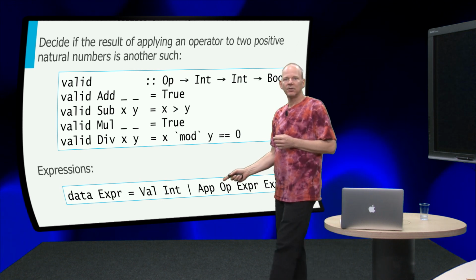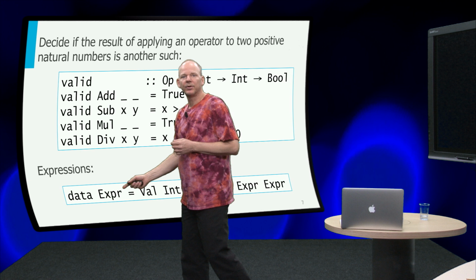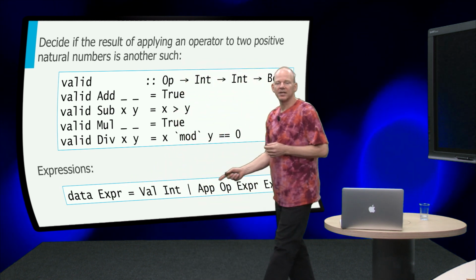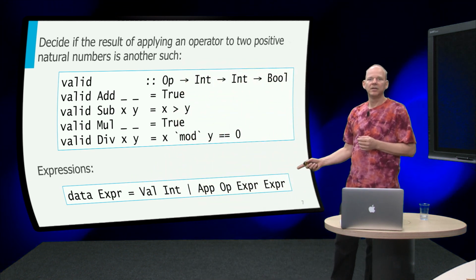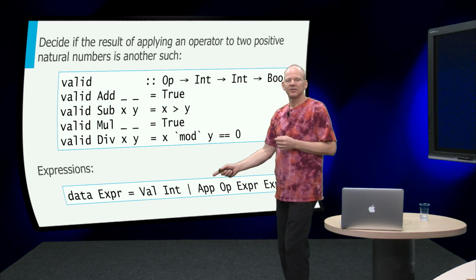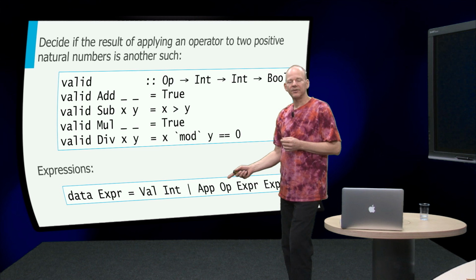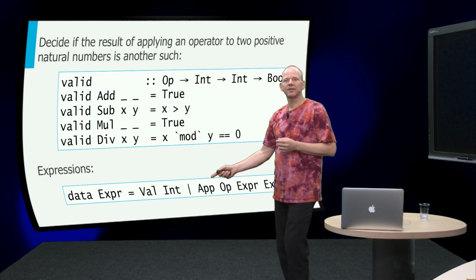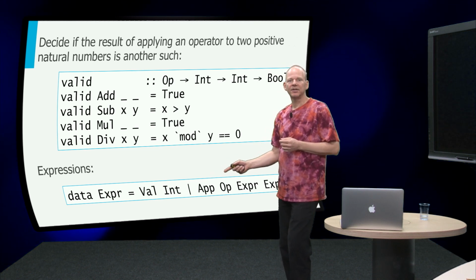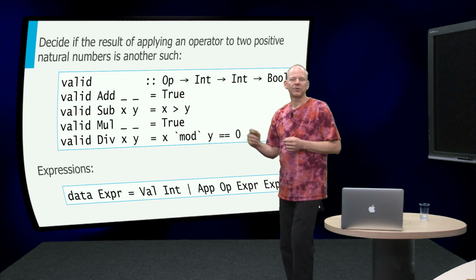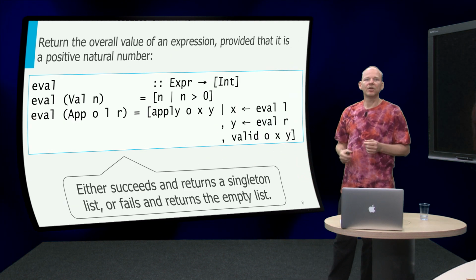Okay? And now we can define the data type of expressions just as we have seen before. We have a slightly different approach: instead of having a separate constructor for each operator, we have one application that takes these operators. Good.